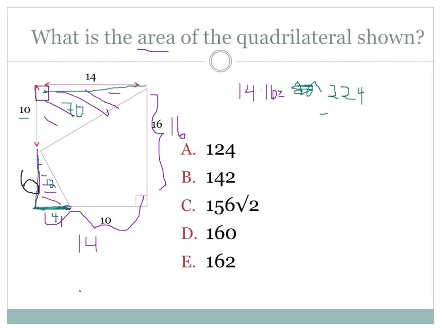And then we're going to subtract from it that upper triangle of 70. And we're going to subtract from it the area of the lower triangle, which is 12. So 224 minus 70 minus 12, which would really be minus 82, is 142. B.